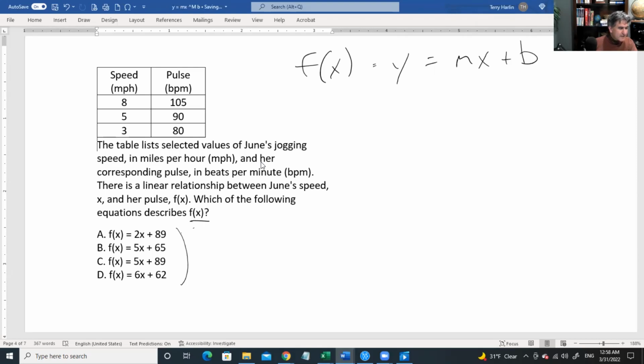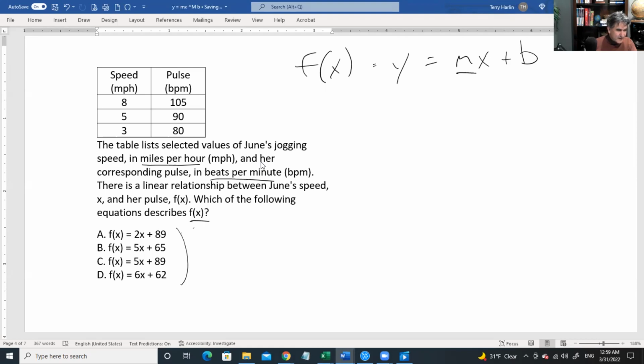Wait a minute, Terry, I thought you said that rates like miles per hour and beats per minute were going to be your slope, that the slope represented rates and rate of change. Well, in this particular case, that's not going to happen, because these are different values that are being given for miles per hour and different values that are given for beats per minute.